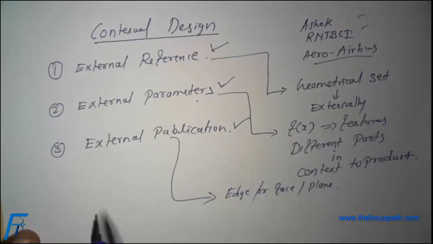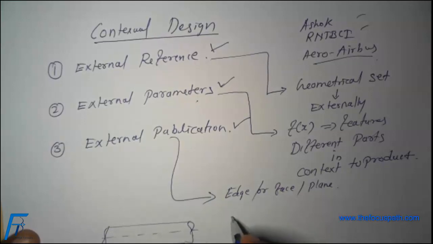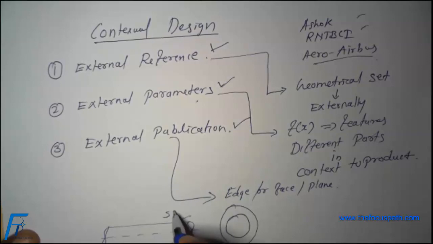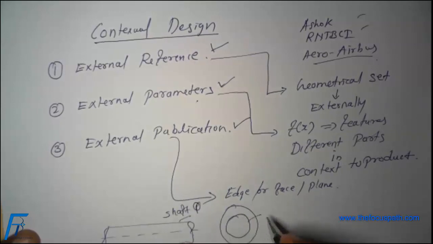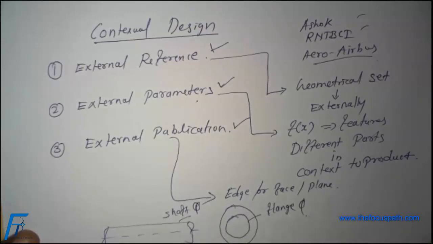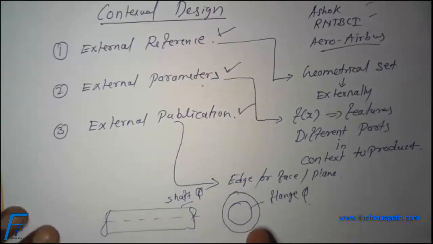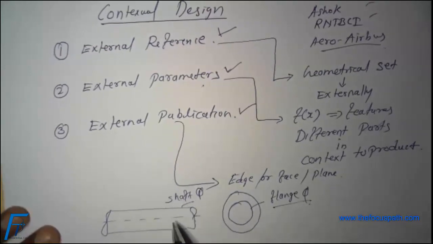The whole concept is that if I have a shaft, see this is my shaft, right? And I have a flange. My shaft diameter and flange diameter, I'm going to equate them. That's the concept. So if I make any changes to my flange diameter, my shaft diameter should change.